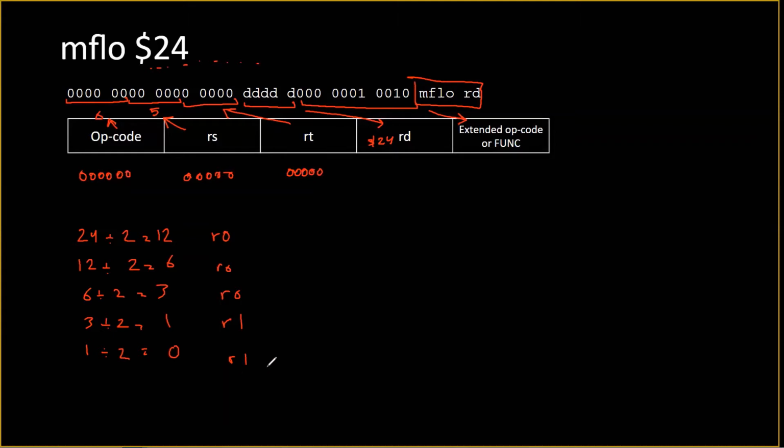So this is going to be our number. We can write it from this side. So 1, 1, 0, 0, 0. That's actually 16 plus 8, which is 24. So that's right.